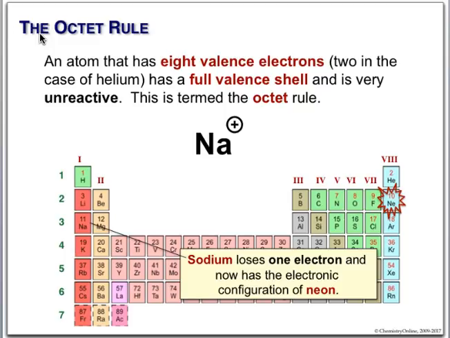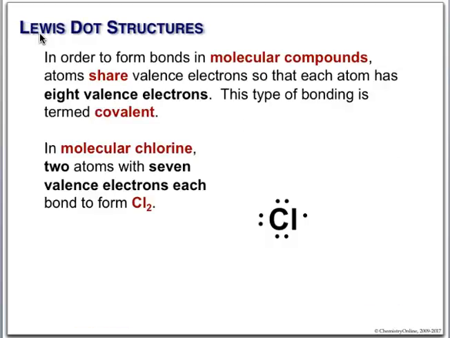Now let me show you how this works in what's known as a molecular compound. This is the concept of sharing electrons. Everyone knows that sharing is a good thing, sharing and caring, right? Well, here's a chlorine.